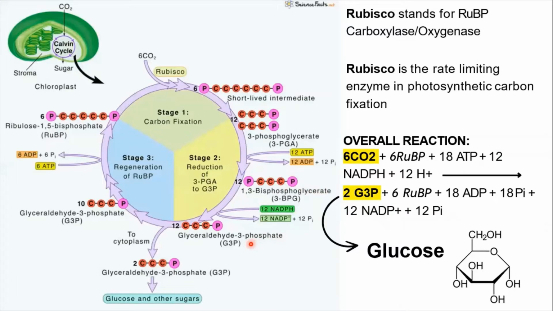And these 2 moles of glyceraldehyde 3-phosphate will be used to synthesize 1 mole of glucose.